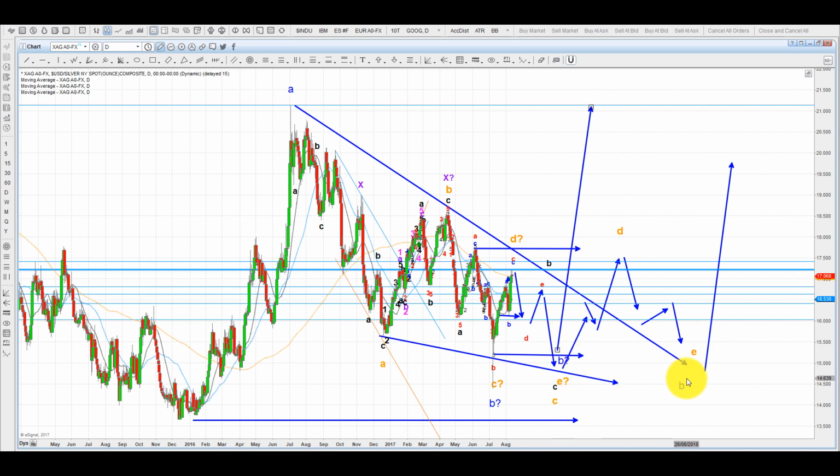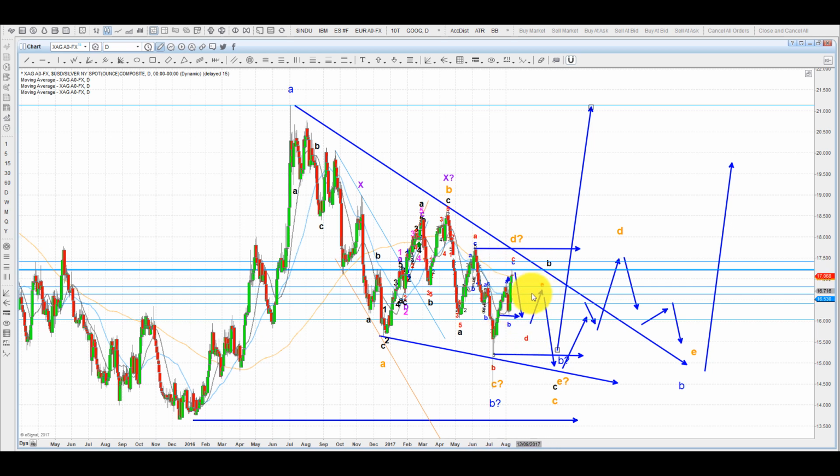The final B is the one that's going to drag on for months and months. It's probably going to tie in with a longish B that we have seen in gold. That's an A, that's a B, that's a C, meaning that silver is still in the process of tracing this B here, with this being an A, that's a B, that's a C, that's a D, that's an E. Do you see what I mean?